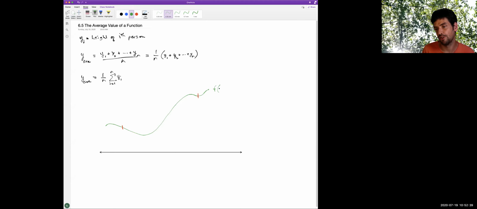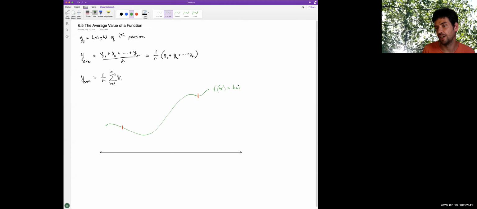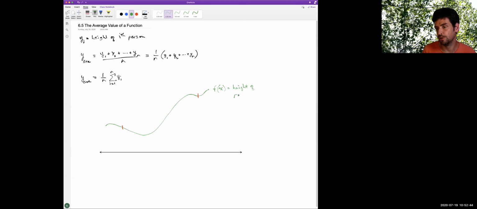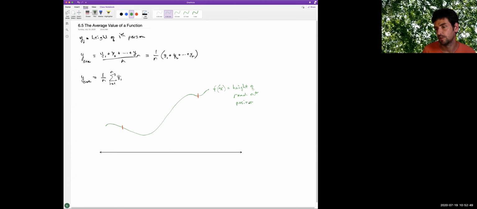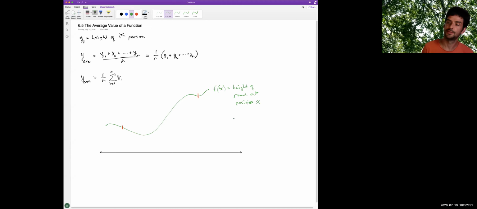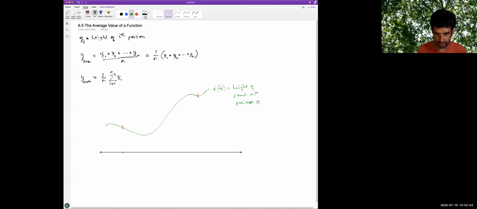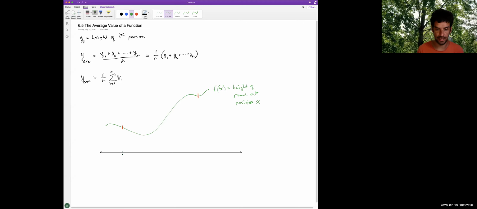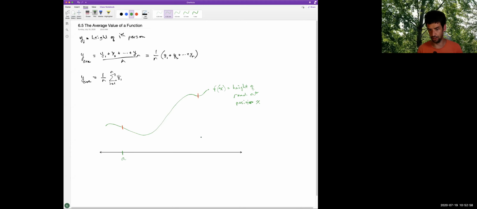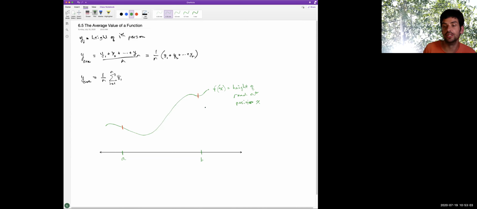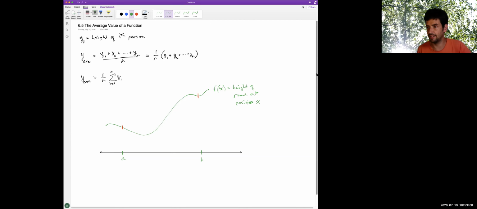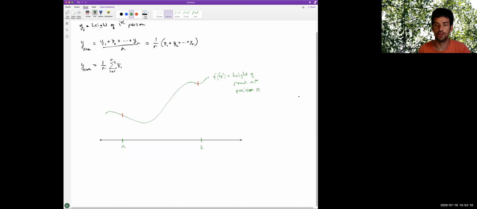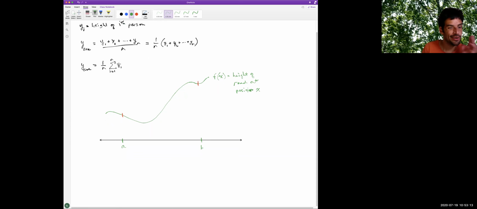Let's call it f of x, which is the height of the road at position x. And along here, this is our x-axis. Let's give labels to this interval that we're talking about. Call it a and b, our traditional endpoints. So I want to know the average height of this road, which in this case is our function, over this interval. So what could I do?